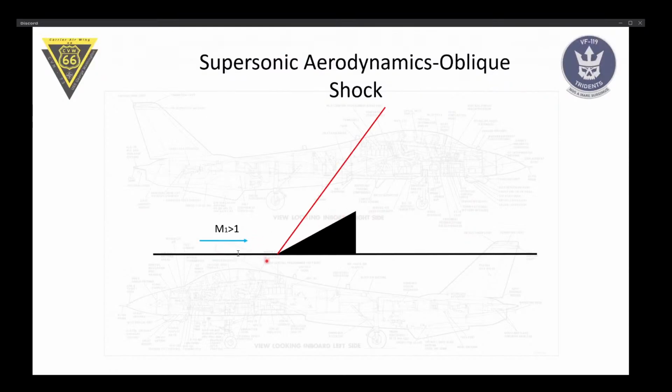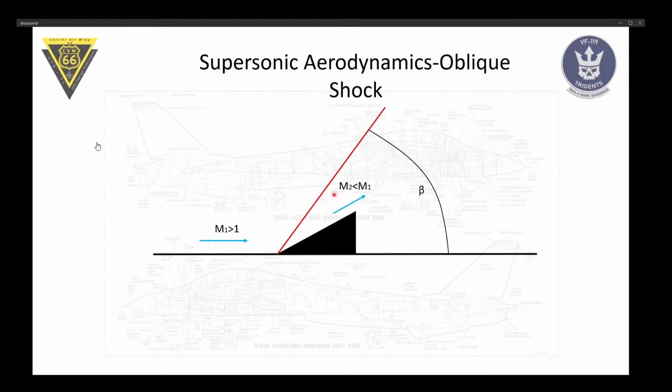And what happens is we're getting a so-called oblique shock. Again, this is a supersonic compression shock, but this time at a certain angle, and it slows down our velocity, but not necessarily below 1. So if this is 5, this can be 4. But if this is 1.2, this can be 0.8. It depends on a few factors.